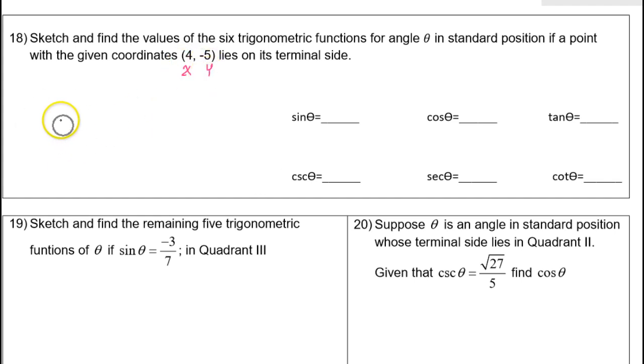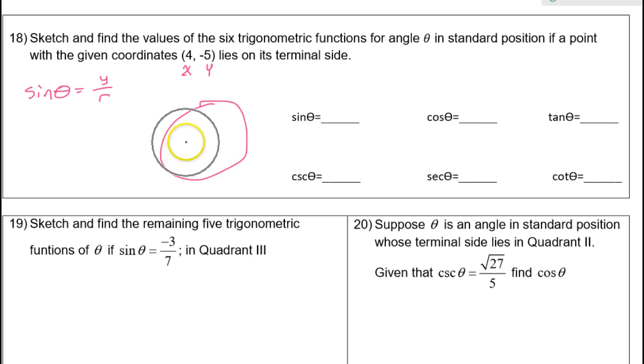Okay, so what you need to understand is that one way to think of tangent, sine, and cosine is that sine of an angle is going to be y over r, where r is the radius.